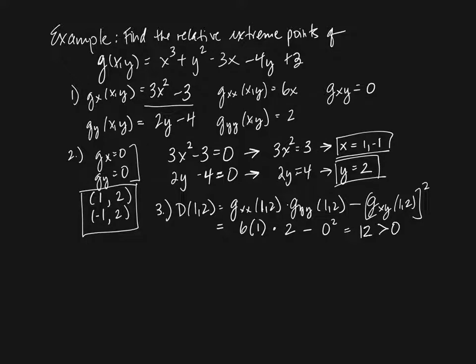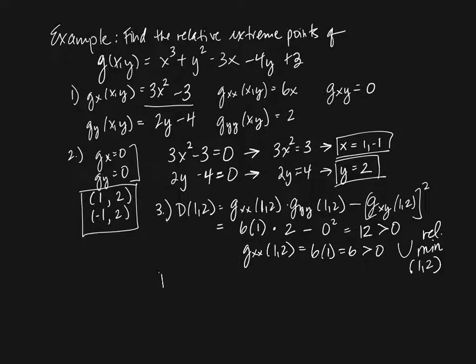And since it's positive, then we also have to check g xx. So g xx at 1 comma 2 is 6 times 1, which is 6, which is positive. So again, think positive second derivative, concave up. So we have a relative minimum at 1 comma 2.